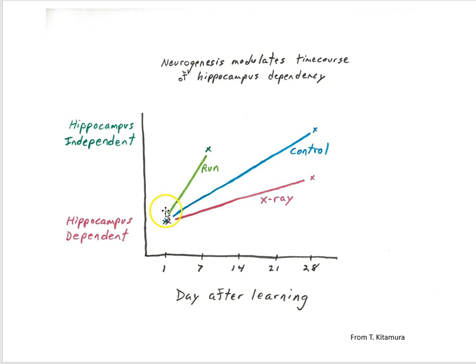On the flip side, exercise has been shown to increase neurogenesis. And as more new neurons are born and integrate into the hippocampus, the consolidation process is speeded up. So the memory seems to become hippocampal independent more quickly. It's as though the neurogenesis is triggering consolidation events and thus speeding up the independence of the memory. So the hippocampus is no longer needed to retrieve the memory.